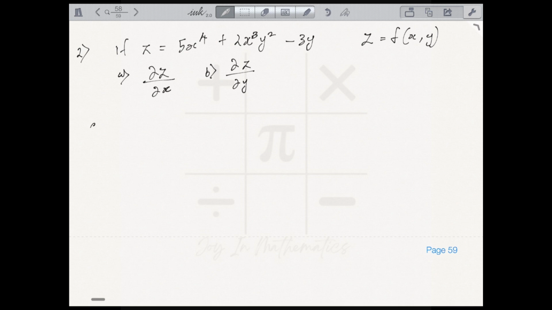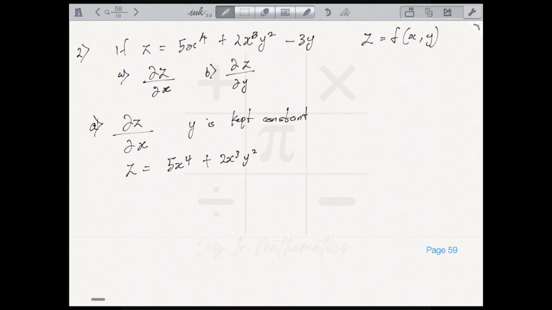Therefore, let's evaluate the partial derivative of z with respect to x. We are keeping y as a constant. So since z is equal to 5x raised to power 4 plus 2x cubed y squared minus 3y, let's put into brackets what is kept constant.